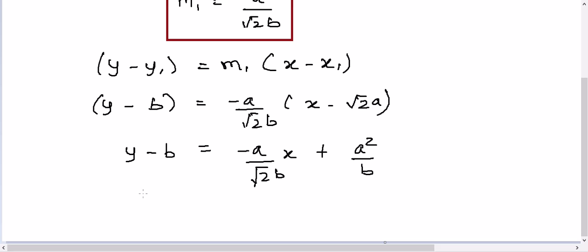That looks a bit weird, so what we can do is multiply both sides by root 2b, so it will be root 2b y minus root 2 b square is equal to minus ax plus twice a square.